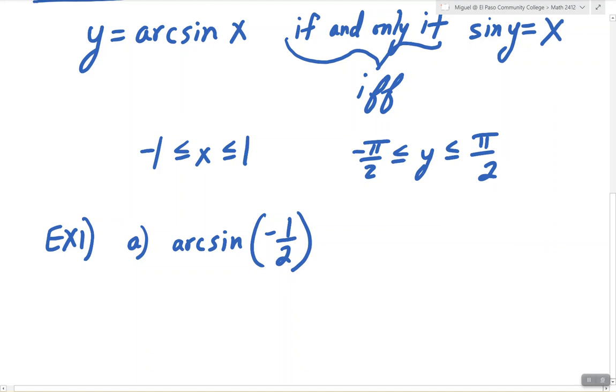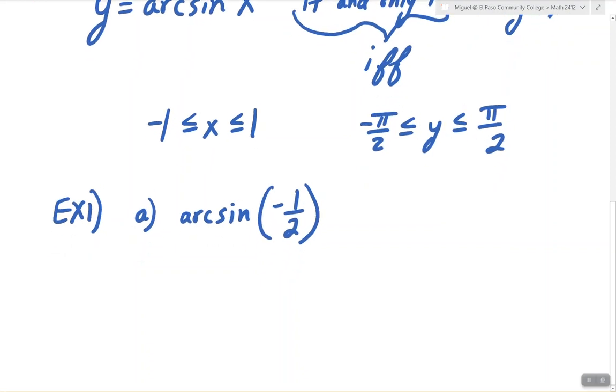Another way to think about this is, sine of y is equal to x. So I can also write this as sine of y is equal to x. So sine of something gives me -1/2, right? So I want that something, I want that angle.